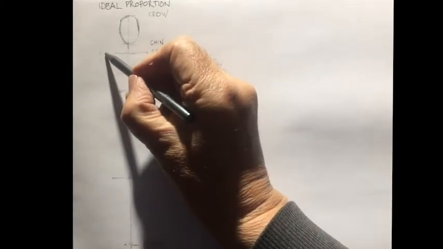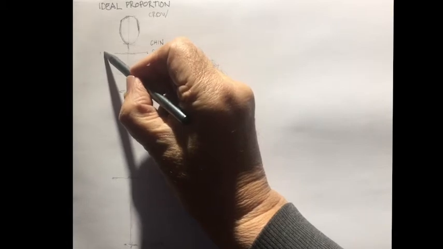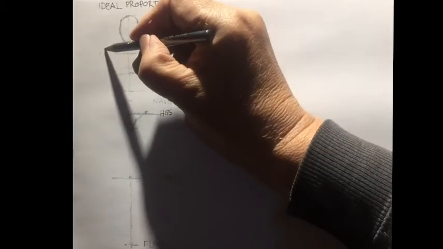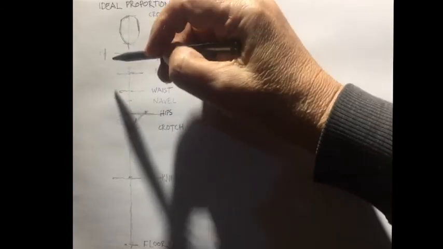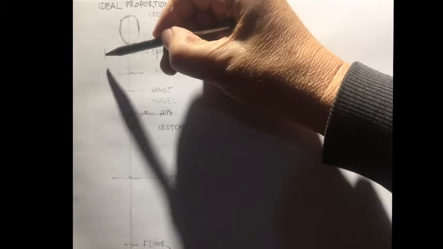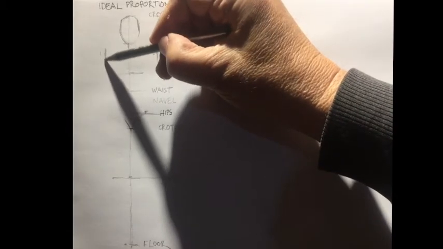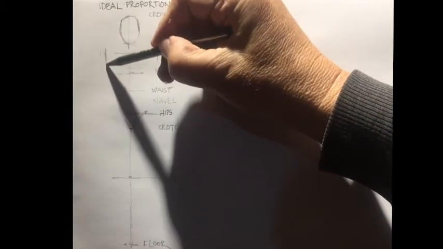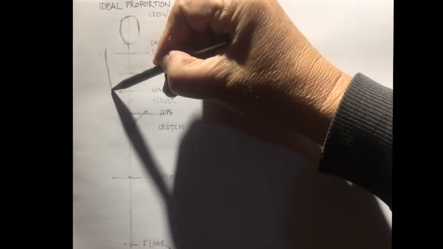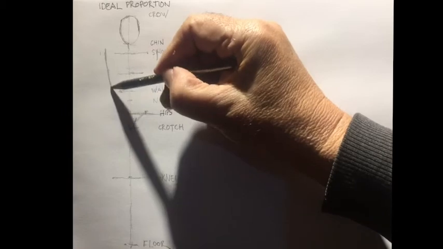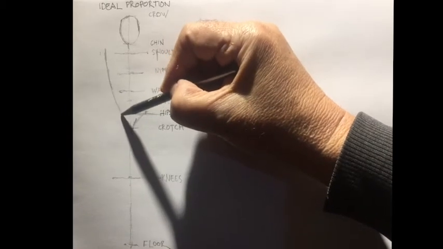Now, we want to work for the shoulders. I don't think the shoulders should be wider than that. I really don't. So not quite 2 heads. And on this side as well, not quite 2 heads. Then Loomis has a wonderful system where he draws a line like that. It's like a shield, like a crusader's kind of shield.